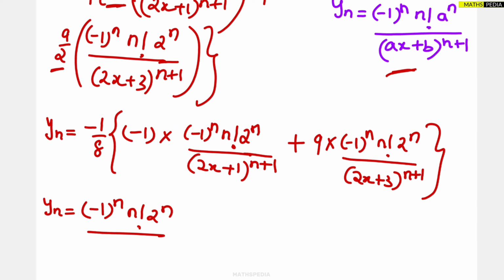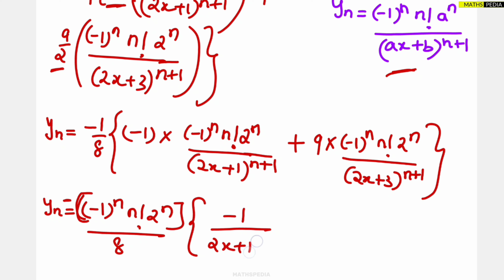I'll take common. 8 was sitting outside and one more minus sign is sitting, right? So this particular thing has to be multiplied with minus 1, minus sign. Okay. Now inside what is there then? Inside it will be minus 1 by 2x plus 1 power n plus 1 plus 9 by 2x plus 3 power n plus 1. So this will be the final answer.